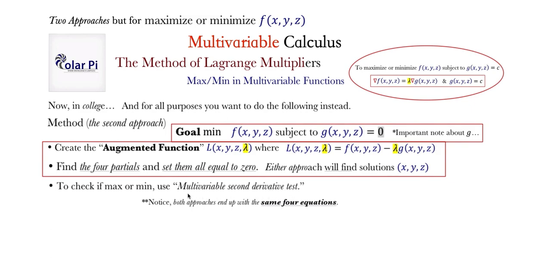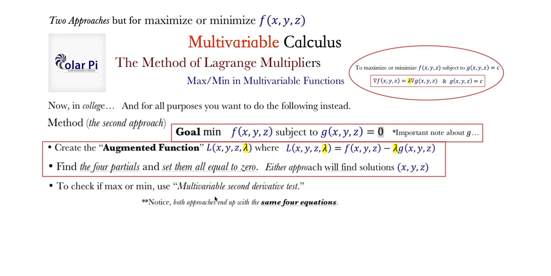I'll dedicate a different video to the multivariable second derivative test, but it's pretty straightforward. It's like an equation made of second partials, and you just have to plug in xyz into that equation, and it will tell you whether or not you have a max or min or a saddle point.